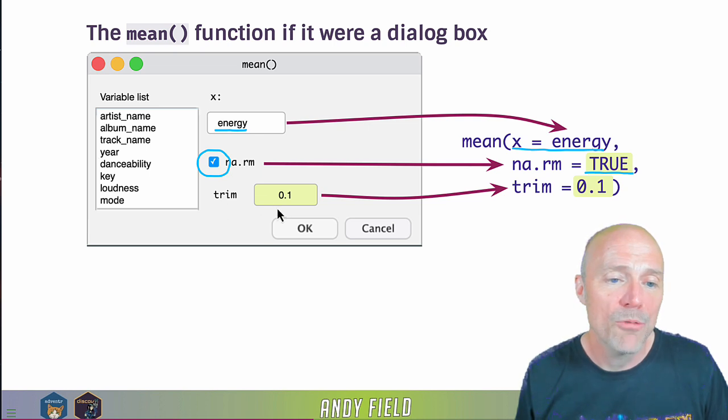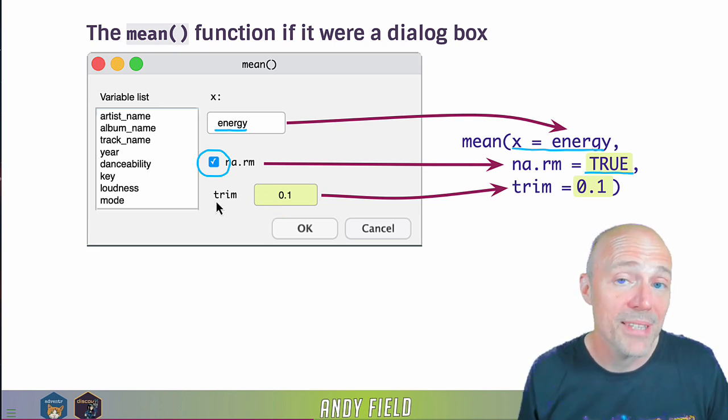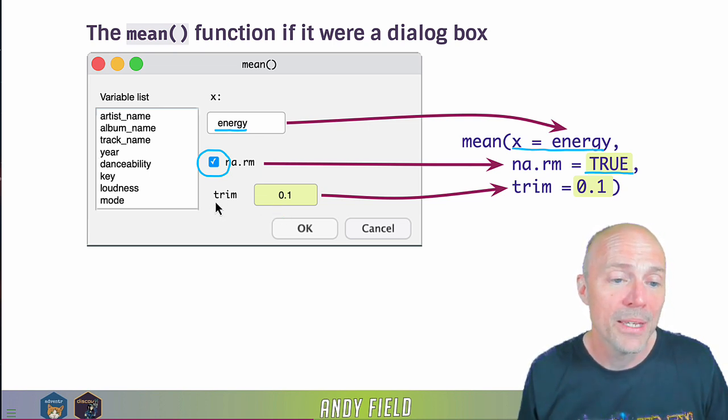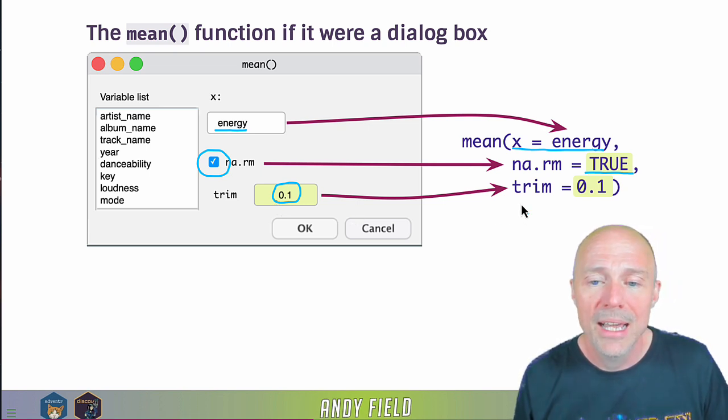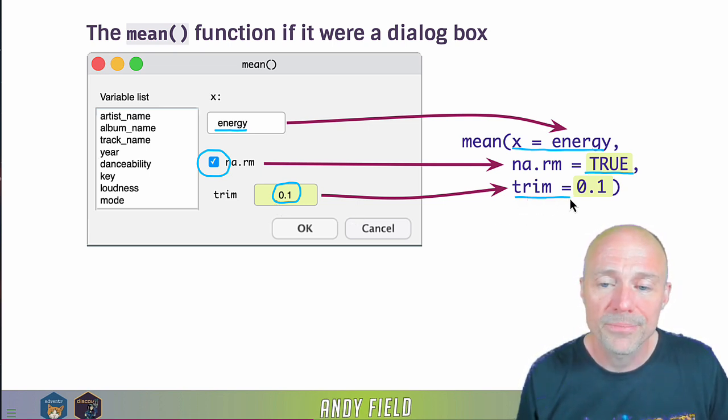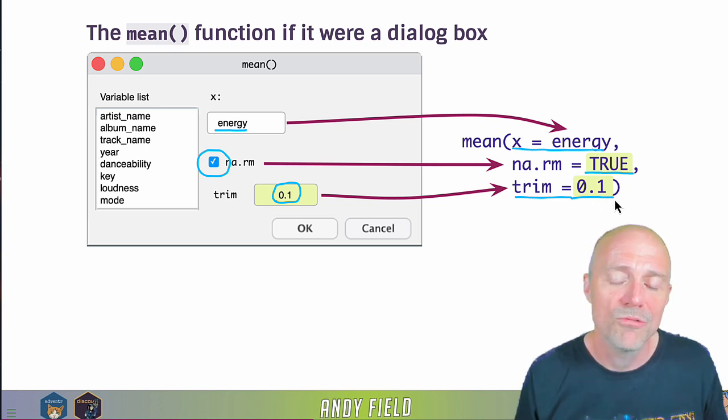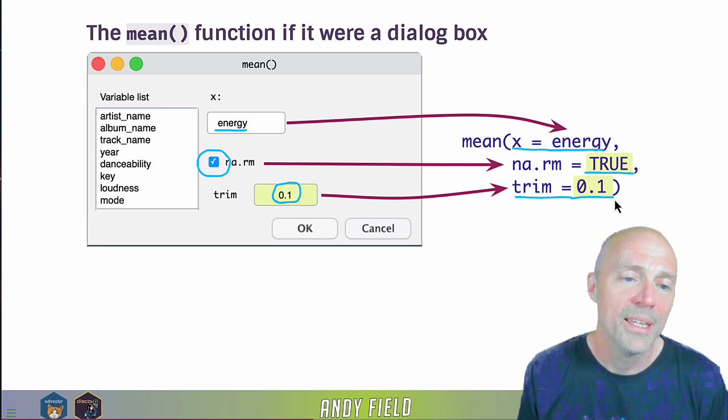And similarly, if we wanted to trim off 10% of our scores at the top and bottom, in our dialog box we would type in 0.1, that's 10% as a proportion. And if we were typing that in our function, we write trim equals 0.1.